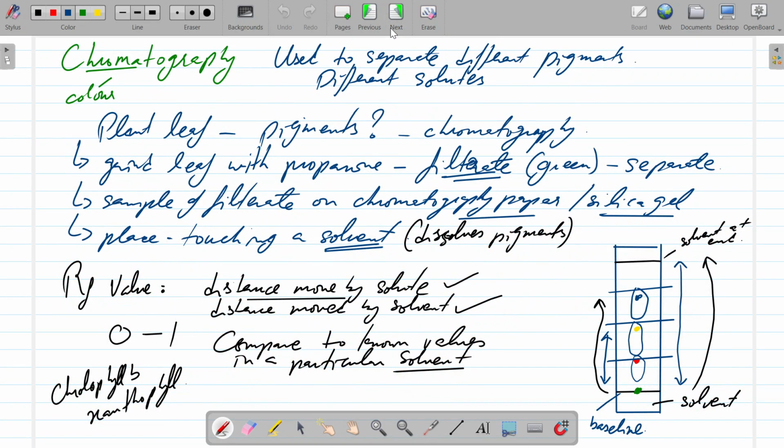Then we talked about chromatography, and this is a technique used to separate different pigments or different solutes in a solution.